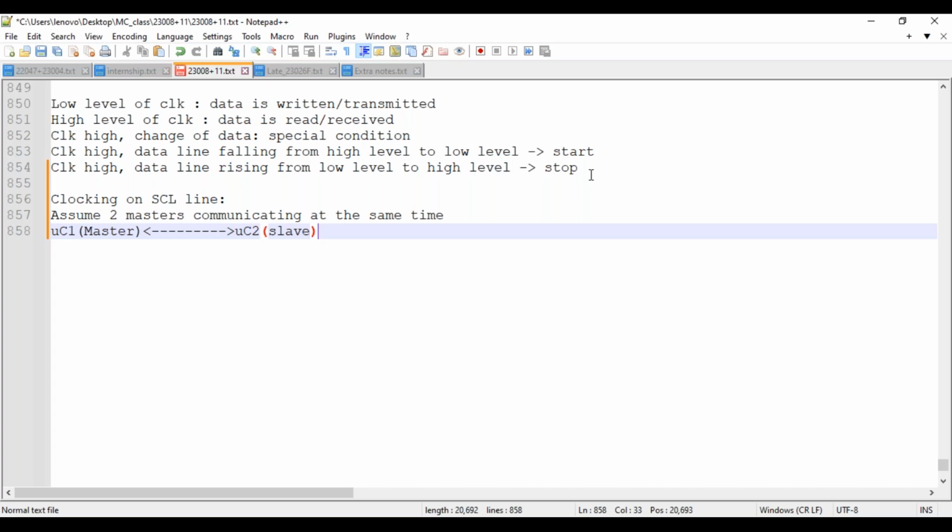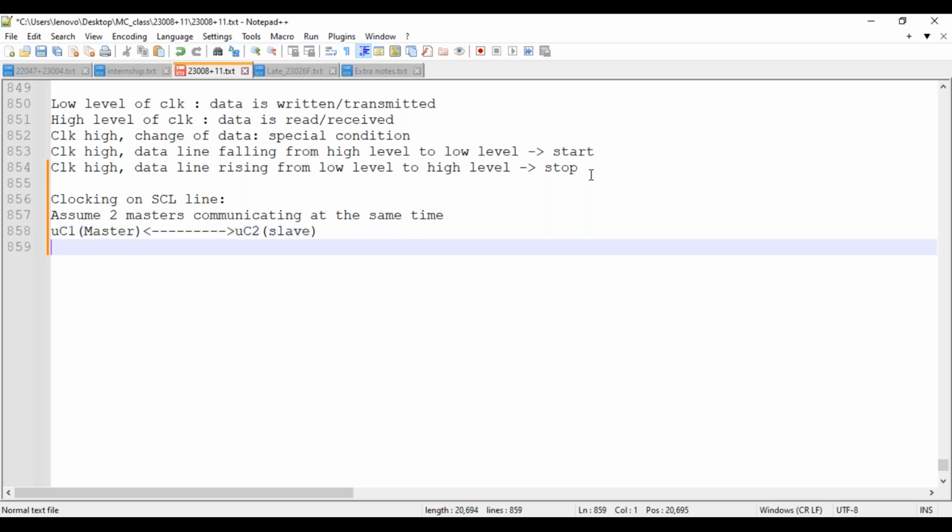Now, microcontroller 1 generates the clock pulse, and with respect to that clock pulse, the two devices are communicating with each other.